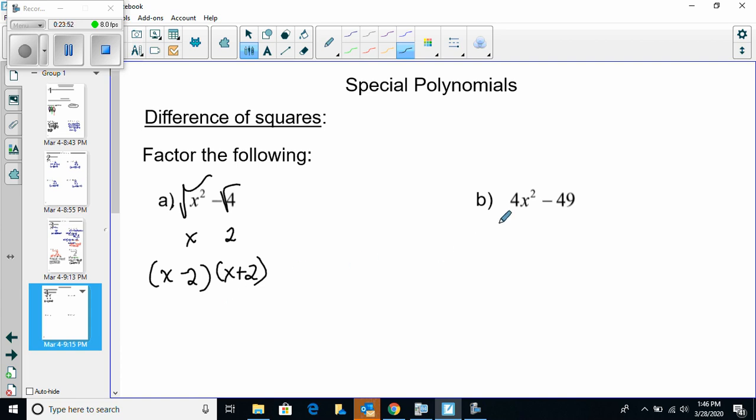And on the second example, again, we have 4x squared. The square root of 4x squared is 2x, and the square root of 49 is 7, and we have the negative here. So then we can write them as 2x minus 7 times 2x plus 7.